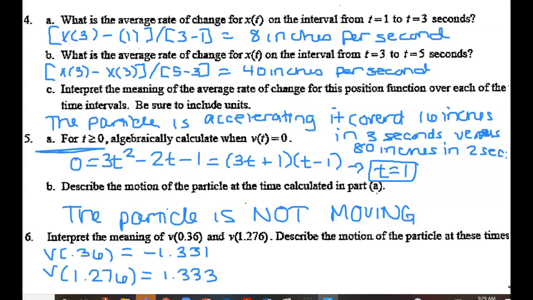So if the velocity is negative, which was kind of a key idea for today, a particle is moving to the left. And we saw that up above in the graph. We see that the velocity is 0 between them.